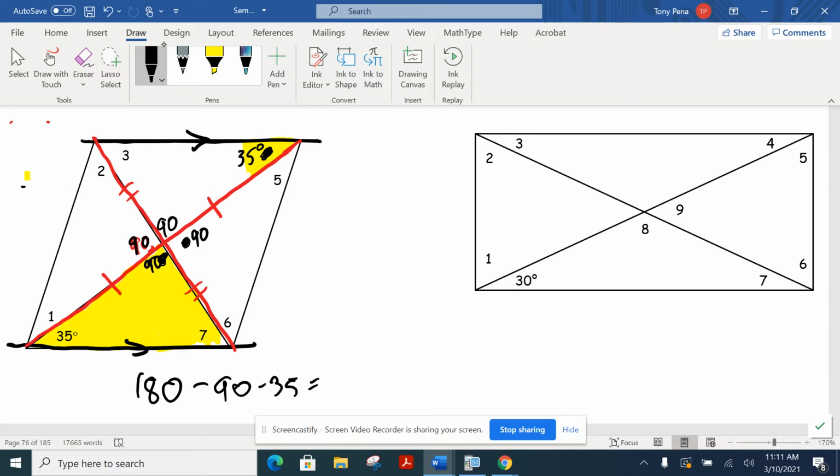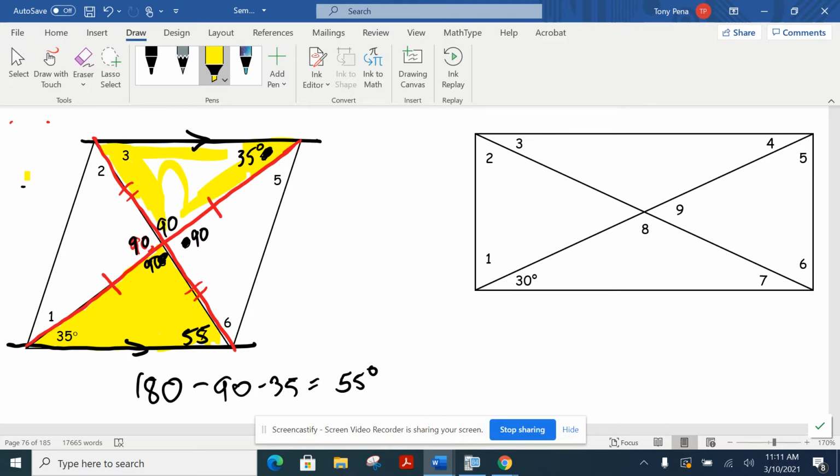Did you do that yet? Good. And then Alexis threw that out there as well. So good, you're both correct. So what we would have left over down here is a 55-degree angle. So with that in mind, couldn't we also come up here and do something pretty similar?